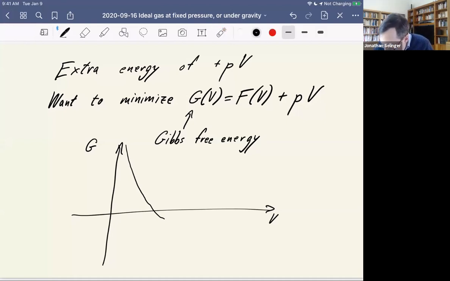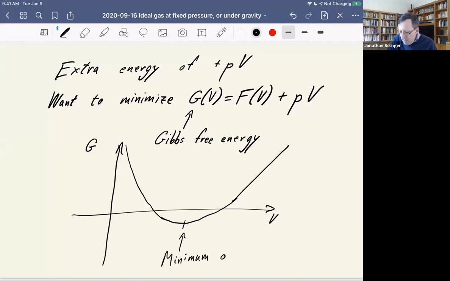So you must have something which is increasing linearly over there. And in between, these things have to connect up and they make a minimum. So this will then be the minimum of G of V.